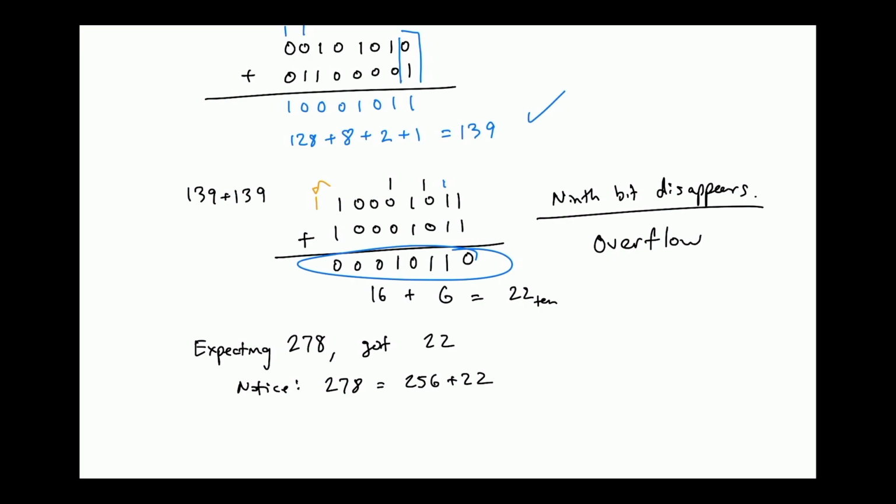Well, 22, right? 256 can't go into that. And what's the remainder of 278 over 256? 22, same thing. So they have the same remainder, and that's really what means they're the same in our kind of clocky looking system. Does that make sense?